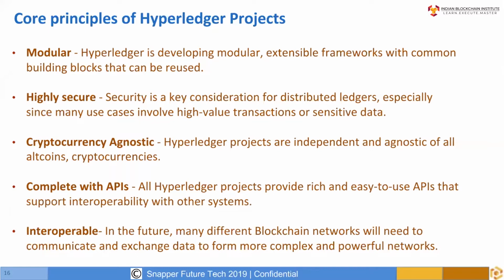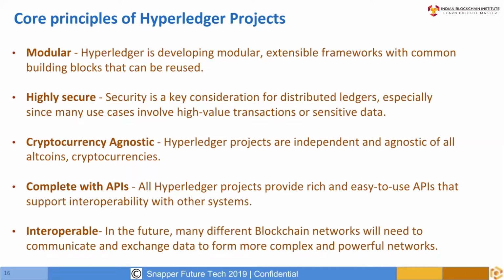This interoperability is going to come, and there is a Hyperledger project called Hyperledger Quilt. It is an interoperability framework which can be used to interoperate between networks. And there is a lot of work going on to achieve this interoperability.